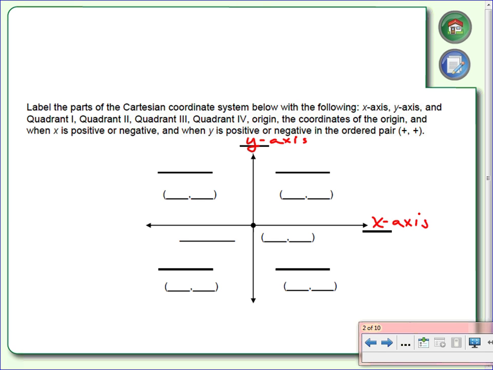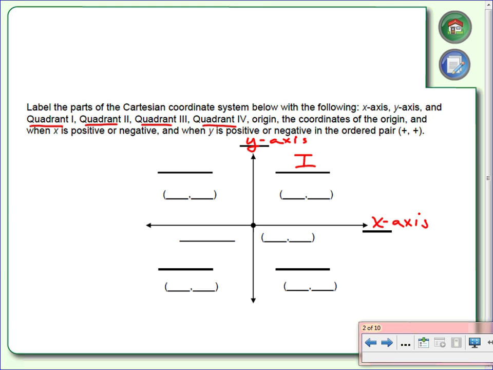Now, you'll notice here that those two axes cross each other. And when we do that, we end up with four parts, or quadrants. You'll notice here we've got quadrant 1, 2, 3, and 4. So we're going to label those next. The first quadrant is located over here in the top right-hand corner. This is quadrant number 1.